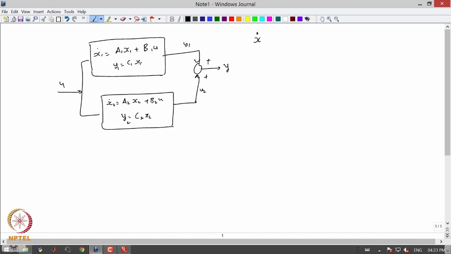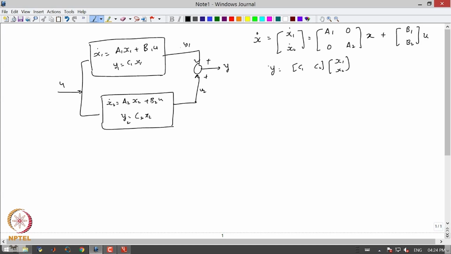So the overall system will look something like this: x dot, which is x1 dot, x2 dot, is [A1 0; 0 A2] with x plus [B1; B2] u, and y is [C1 C2] [x1; x2], that is C1 x1 plus C2 x2, that is essentially y1 plus y2.